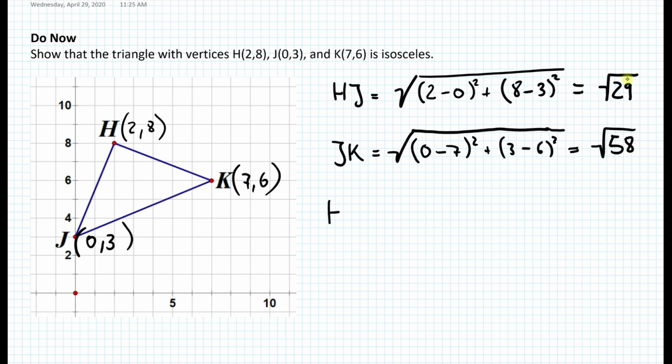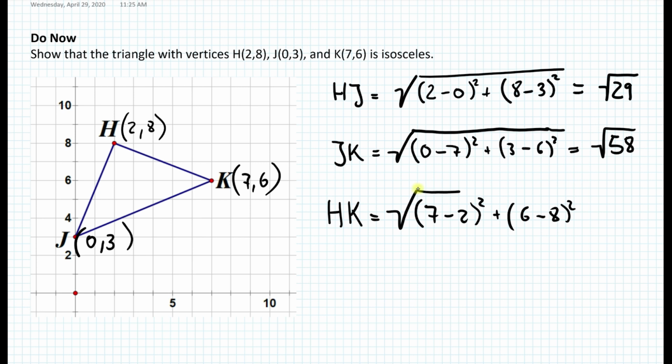And now let's find the distance between H and K. Again, that is the square root of the difference in x, which is 7 minus 2 squared, plus 6 minus 8, and then we'll square it, okay?